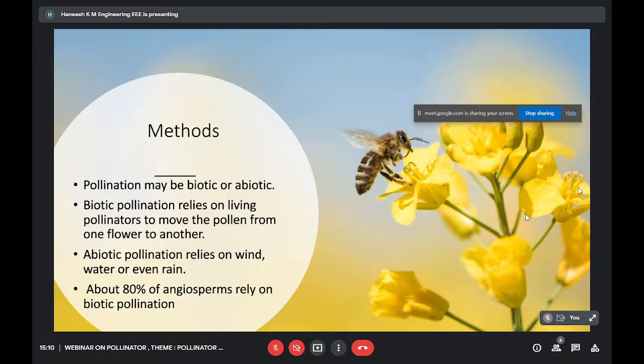So that is why angiosperms look for pollinating agents.